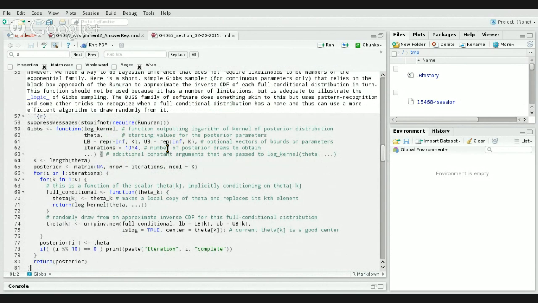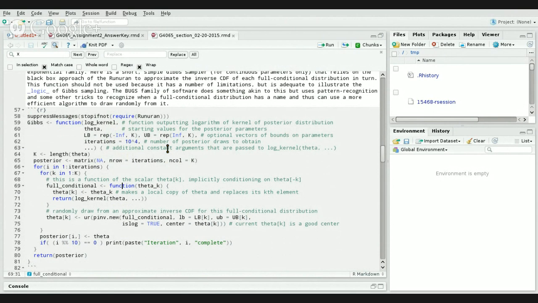Now, this is going to be extremely slow, and it has a lot of limitations to it. But I just wrote it down so that people can get a conceptual understanding of what Gibbs sampling is. In principle, a function like this would do for an arbitrary posterior distribution using uniroot to approximate the inverse CDF.